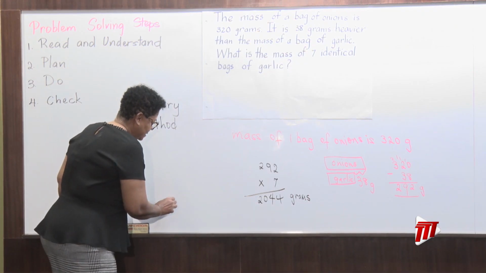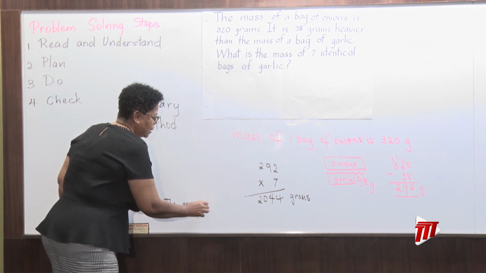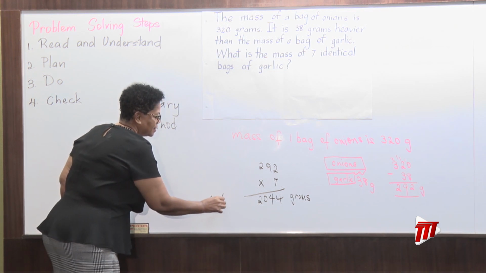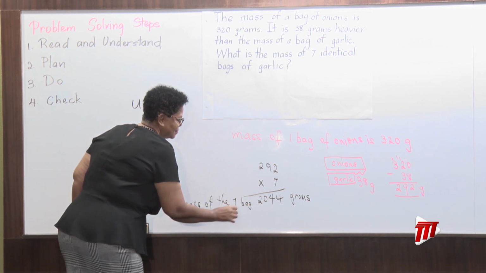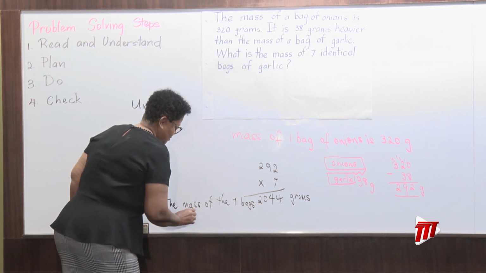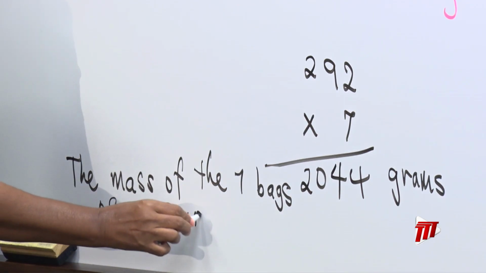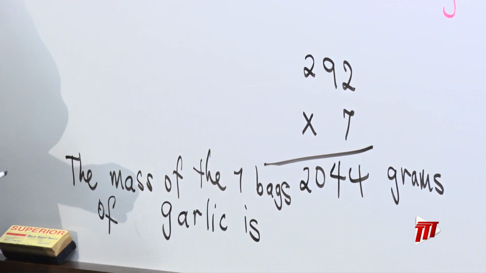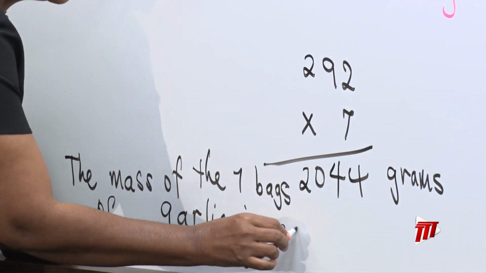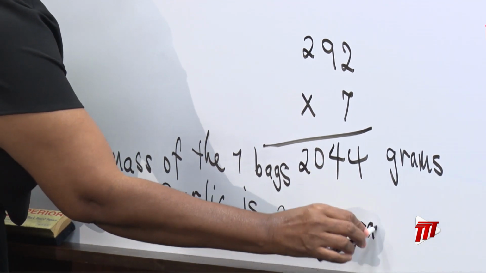The mass of the 7 bags of garlic is 2,044 grams.